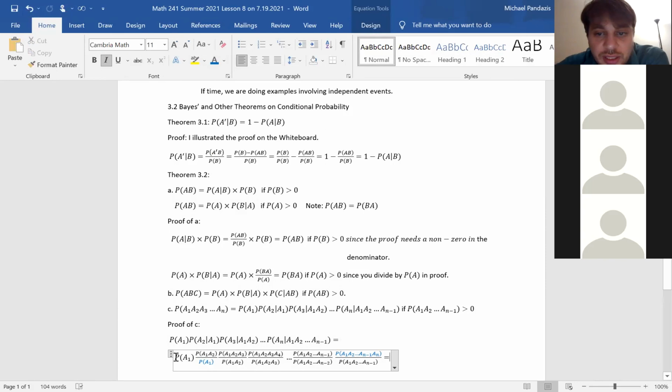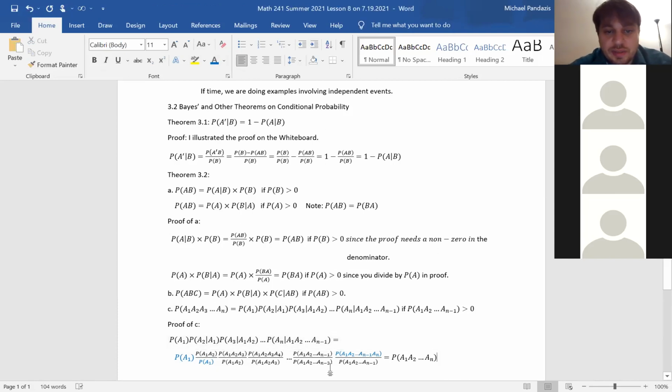But then here you have P of A1, right? So this is also left. After you cancel all the black terms, you have this term, and you have this term from the beginning. So the P of A1s cancel, and now you're only left with the probability of A1, A2, dot, dot, dot, A sub n.